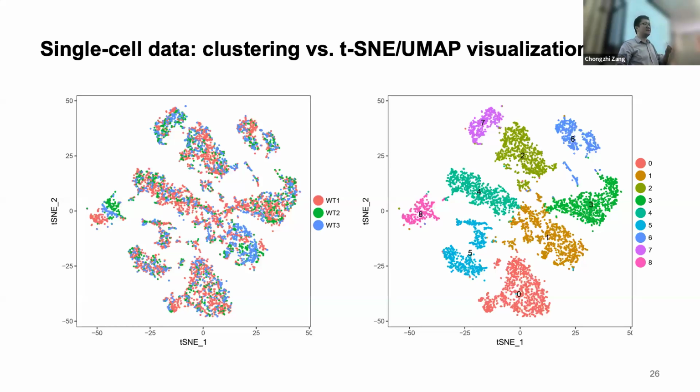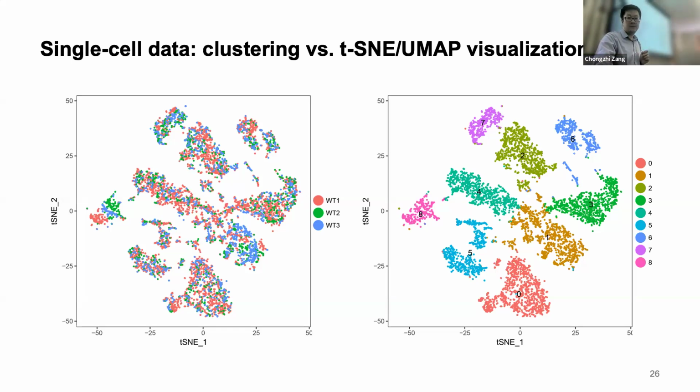A common mistake that a lot of people make is that once we generate a UMAP, we see these cells are together and these cells are not together, and we do a clustering on this two-dimensional map. That is wrong, because with non-linear dimensionality reduction we lose a lot of information from the original data.